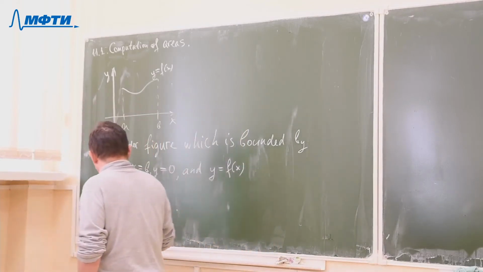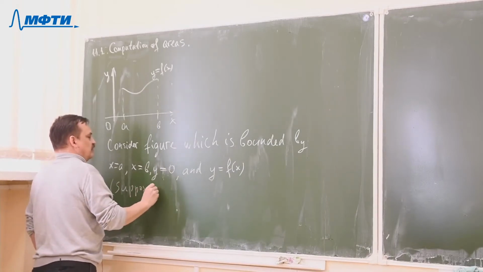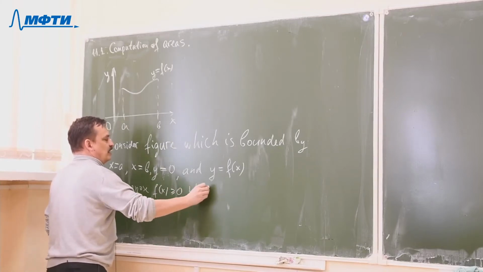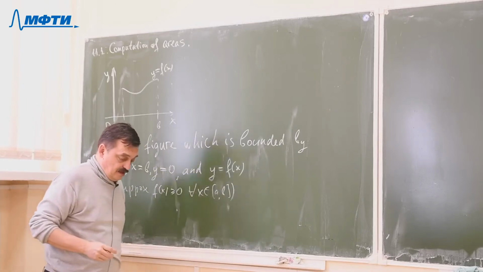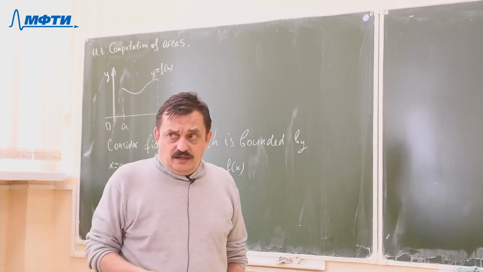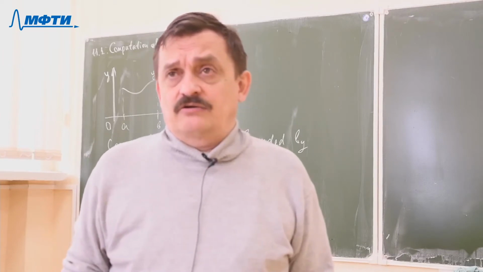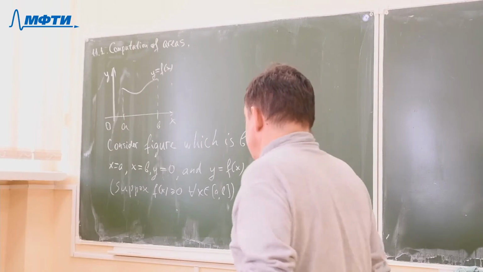And recall that we suppose f of x is non-negative for all x in [a, b]. And I want to discuss now the question of how to compute the area.